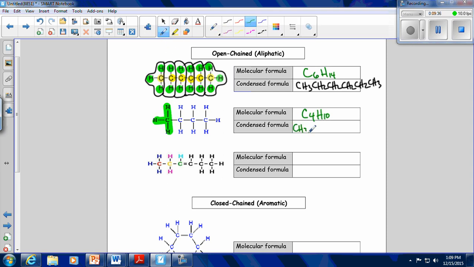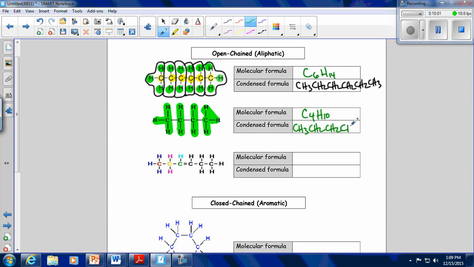We have CH2 next. We also have another CH2. And finally, to conclude, there's our CH3. It's going to go at the very end of the condensed form.